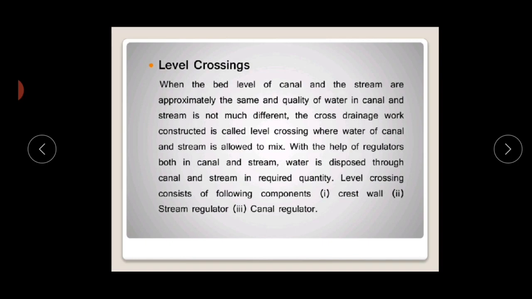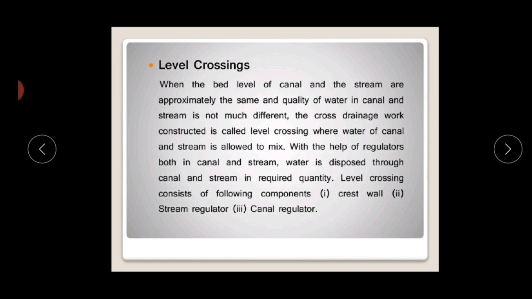Here, in this type of cross drainage work, the canal water and the drain water are allowed to intermingle with each other. A level crossing is generally provided when a large canal and a huge drainage, such as a stream or a river, approach each other practically at the same level.